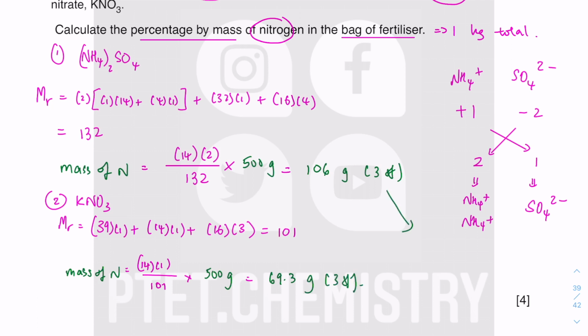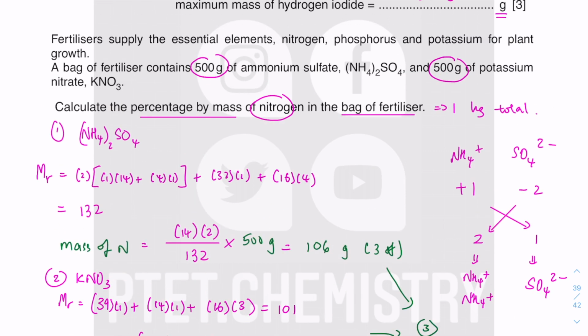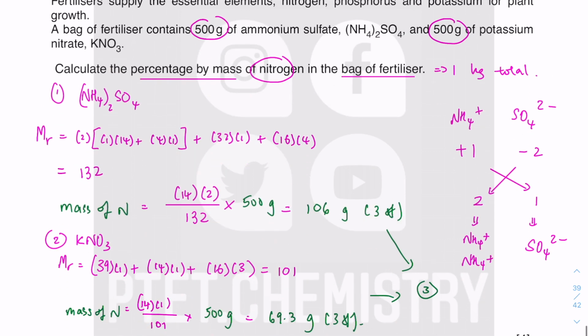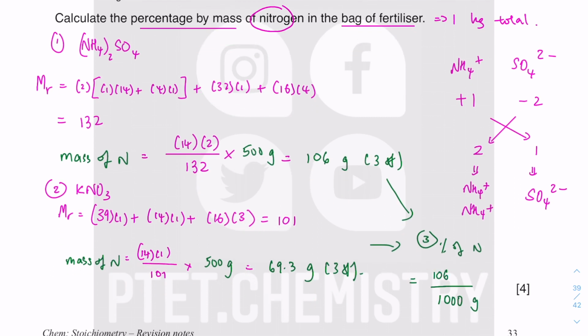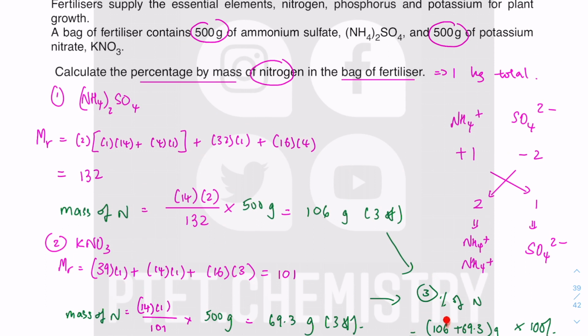So what happened then is in step 3, I have 500 gram and 500 gram, so a total of 1000 gram. So the percentage of nitrogen in the 1000 gram is going to be this plus this, which is how much nitrogen there is, 106 plus 69.3 gram, times 100%. Out of the 1000 gram, this is the mass of nitrogen from the ammonium sulfate.